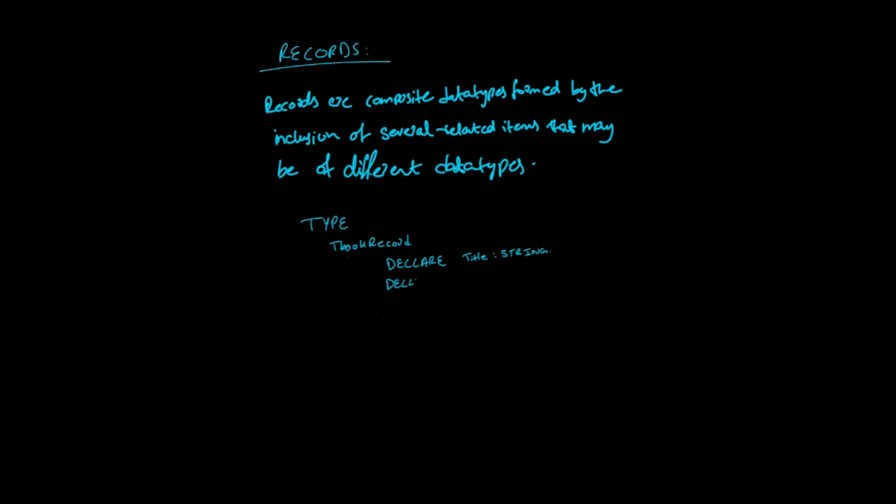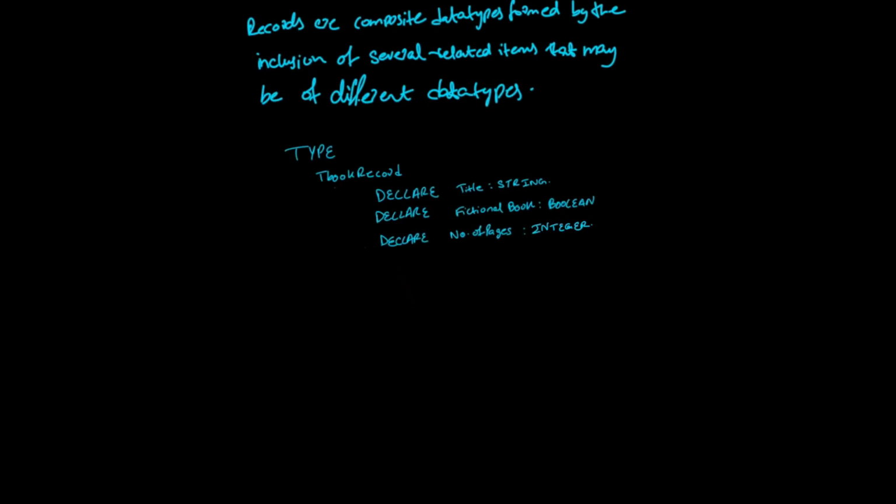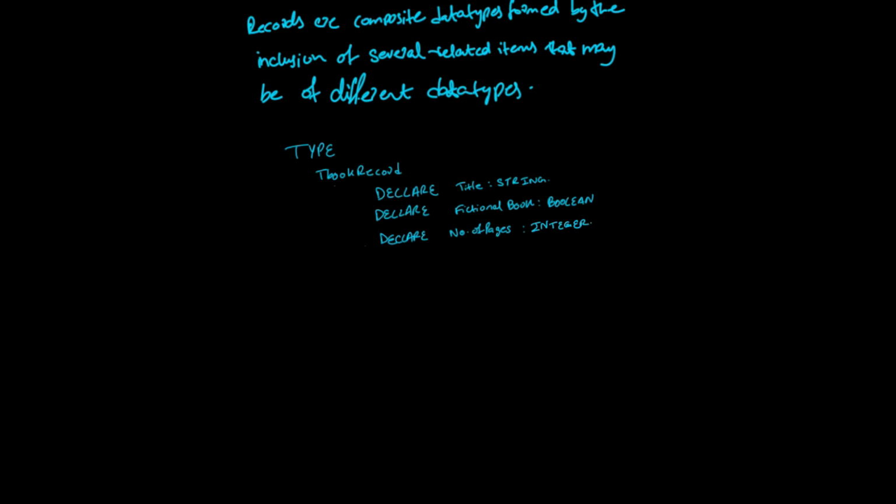Maybe I want to know if it's a fictional book or not, so fictional book can be a Boolean. Apart from that, I want to know the number of pages inside this book, so number of pages, and that can be Boolean as well. Oh, sorry, that can be integer. My bad. So this is going to be integer. This is how you write something inside a record. And since you started with type, we're going to end it with end type.